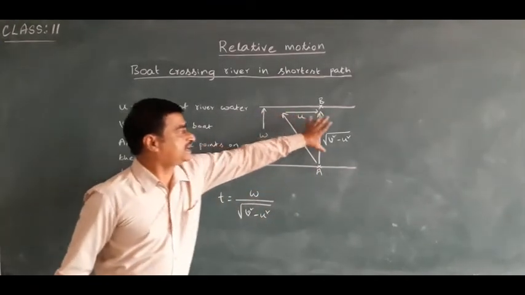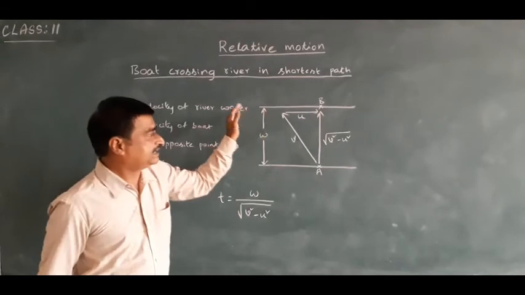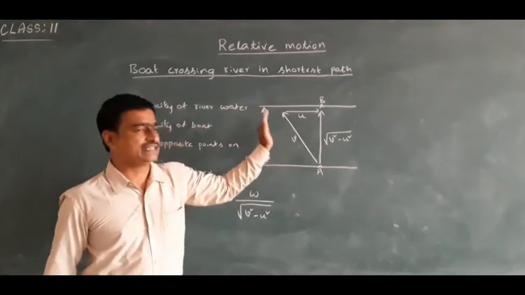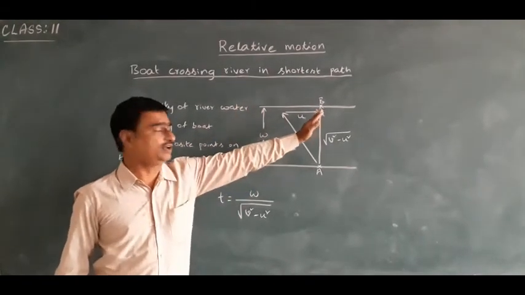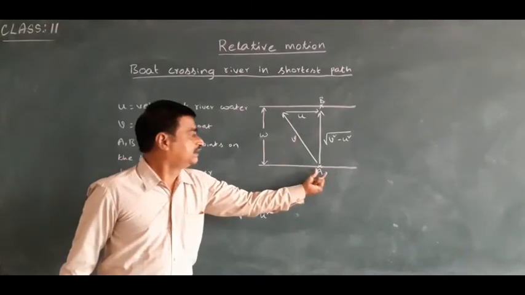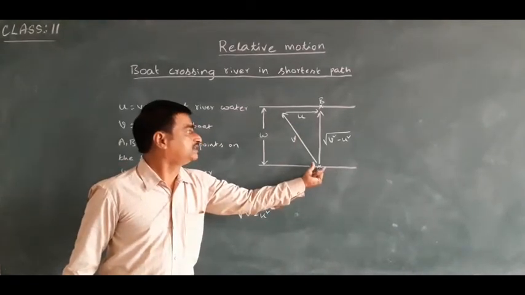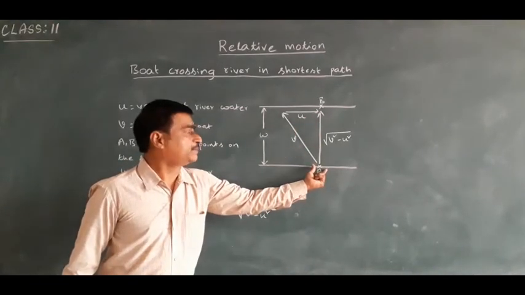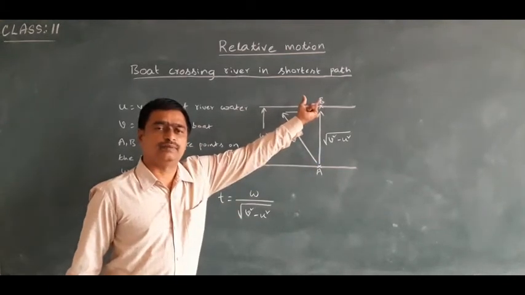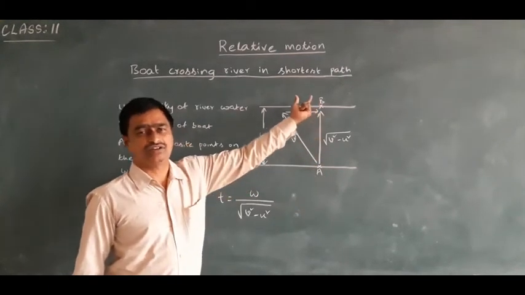We consider this as a river, flowing from west to east, and the boat is crossing the river starting from point A and ending at point B, that is, crossing straight.